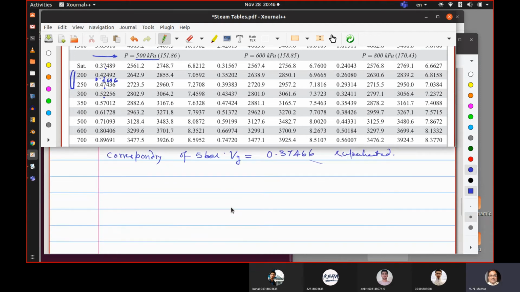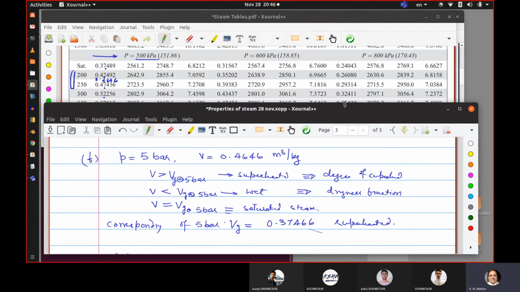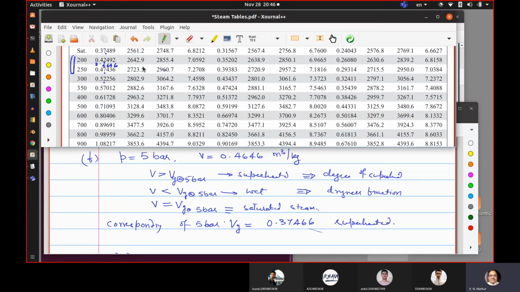Let us write down this information. So if temperature is 200, then volume is 0.42492.